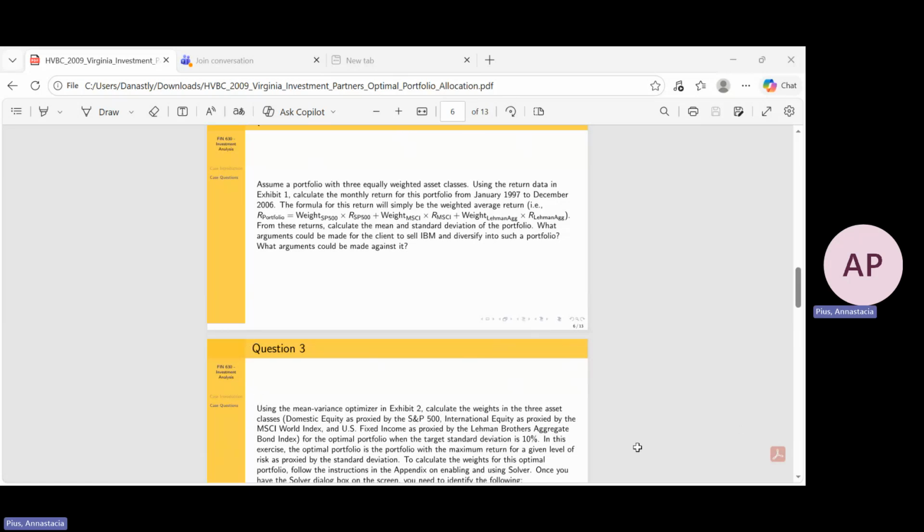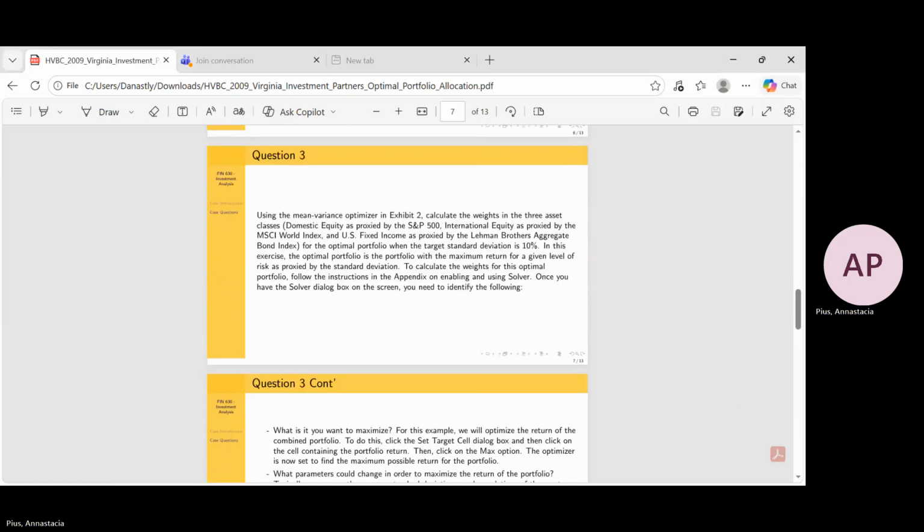So moving forward, question 3. For question 3, we were told to use the mean variance optimizer in Exhibit 2 to calculate the weights in the 3 asset classes: domestic equity as proxied by the S&P 500, International Equity proxied by the MSCI World Index, and US Fixed Income proxied by Lehman Brothers.